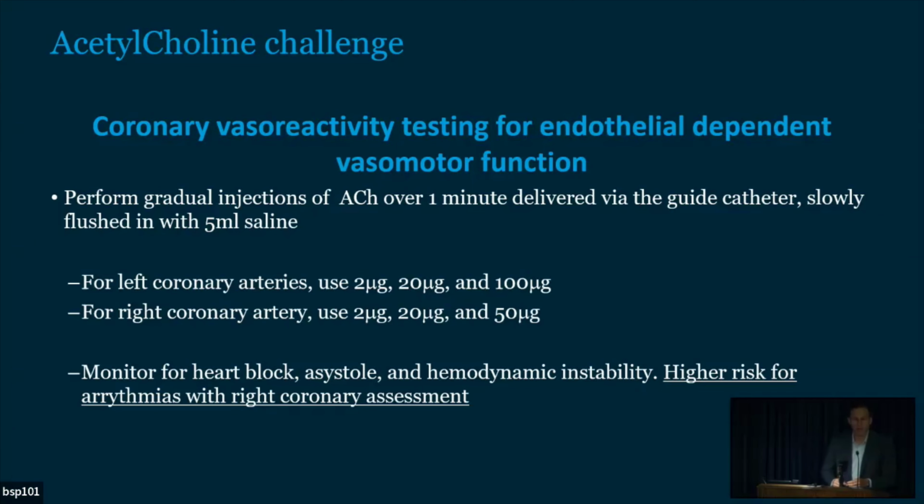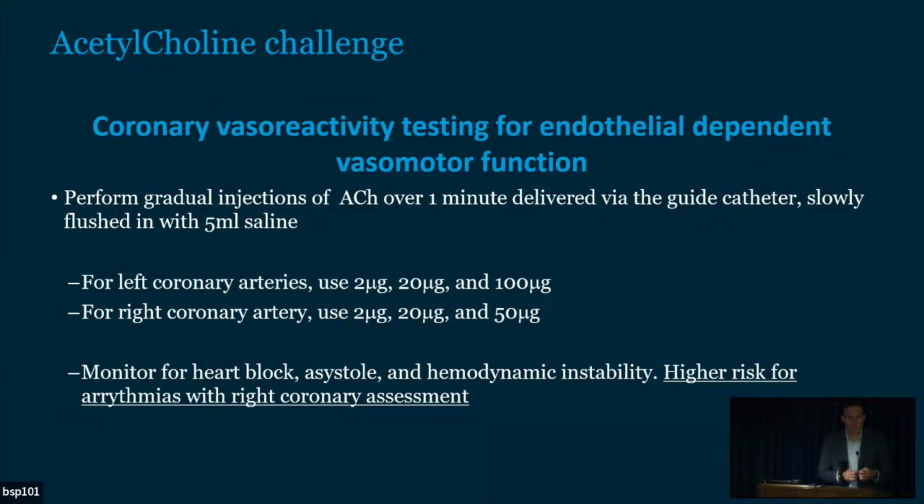Now, that is looking at structurally the small vessels and understanding the small vessels to see if they're diseased. What I talked about before is sometimes you can have functional abnormalities in the small vessels, and you can also have epicardial vasospasms as well.